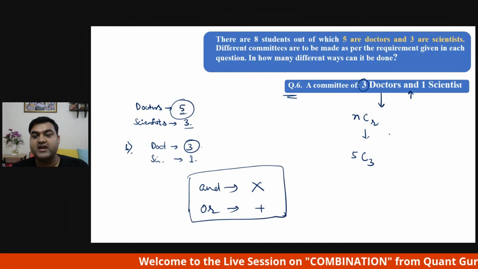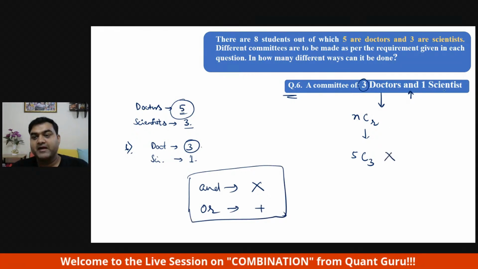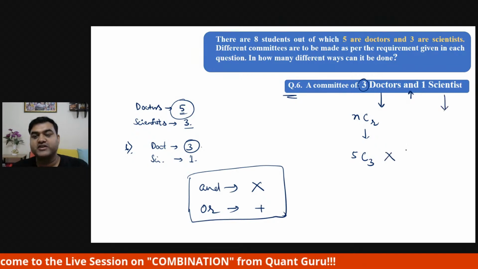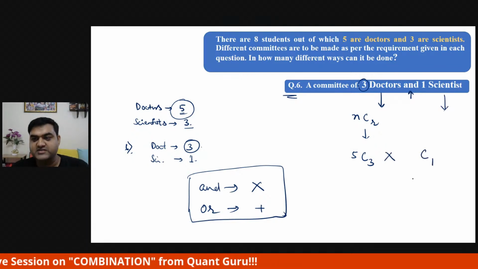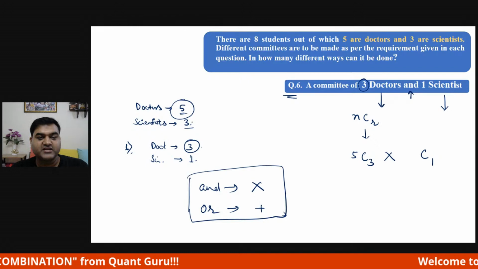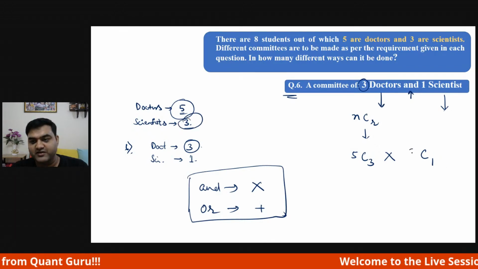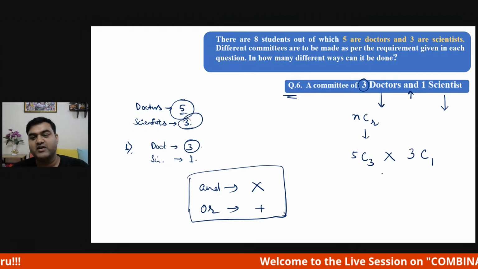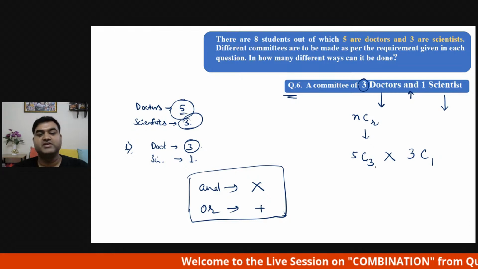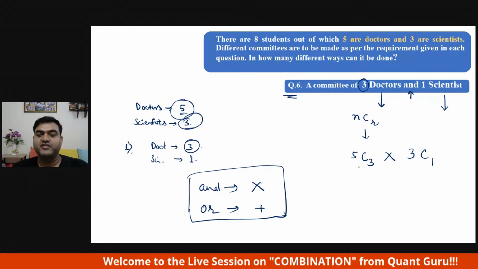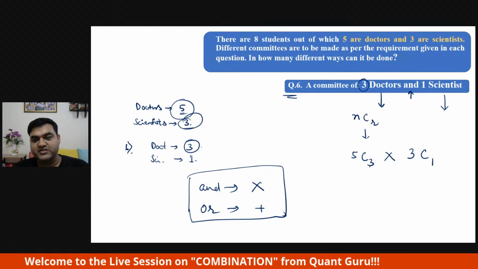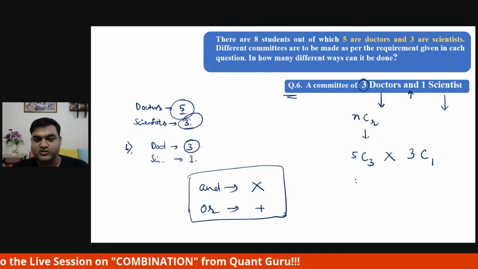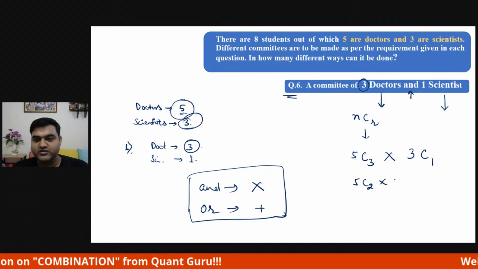The question is AND, so multiply. And 1 scientist you have to take. Out of the 3 scientists, we have to take 1. So 3C1 and 5C3. Correct? Now reduce the value. You can write 5C3 as 5C2 also. 5C2 into 3C1.